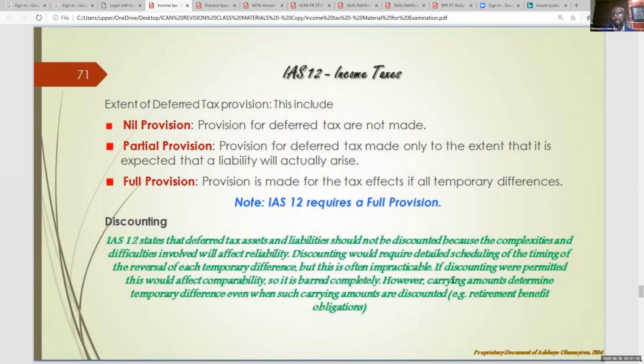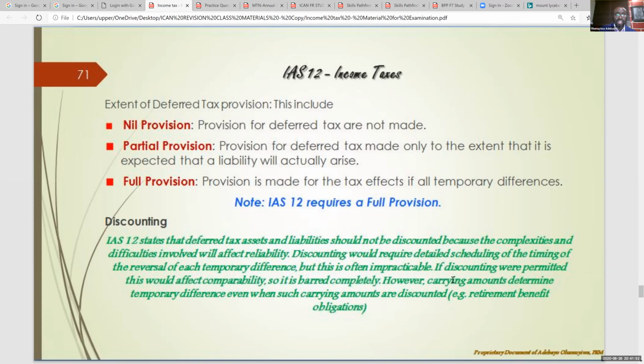discounting should never be applied in computing deferred taxes, which then means that if you are given a question to speak to the facts or arguments, that should discounting be applied in line with IAS 12 to the recognition of deferred tax, you have to be emphatic by stating clearly that it does not apply, and you must be able to justify the reason.